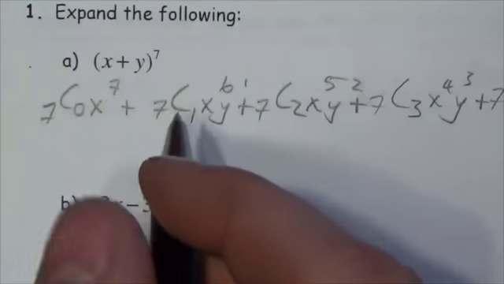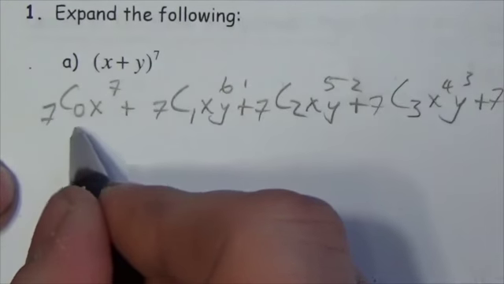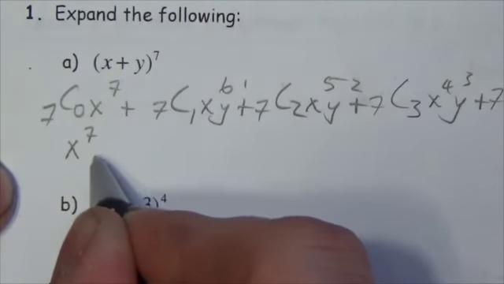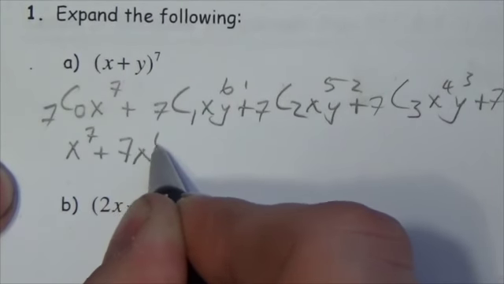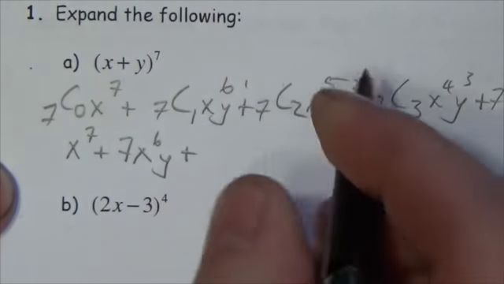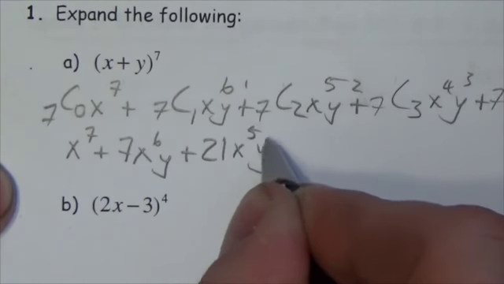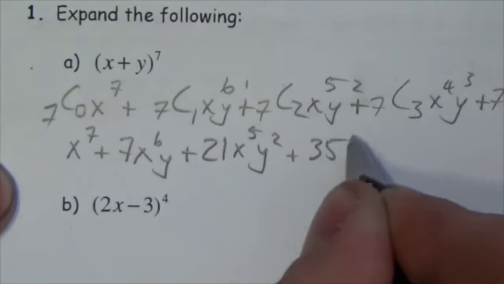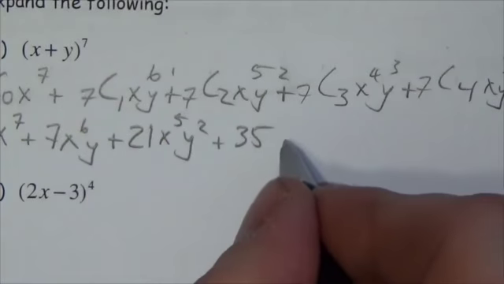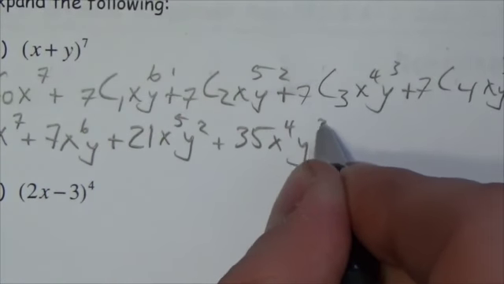So now I can come back over here, and this is going to be 1, sorry, I'm getting so excited I forgot you couldn't see it. This will be 1 x to the 7th plus 7 x to the 6th y to the 1 plus, now that next one was 21 x to the 5th y squared plus 35 x to the 4th y cubed.